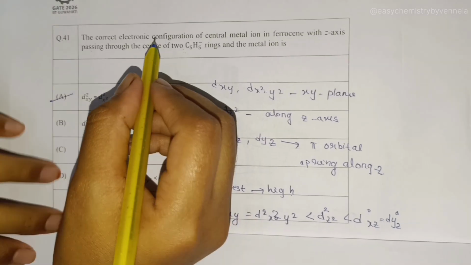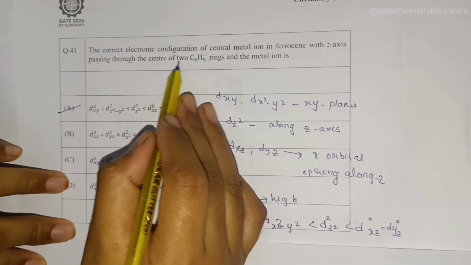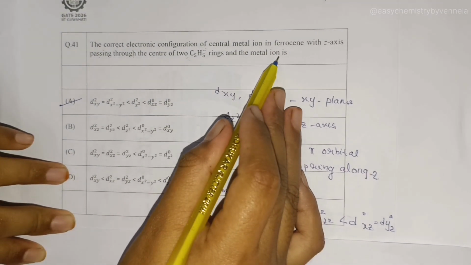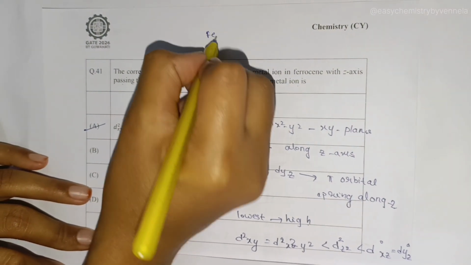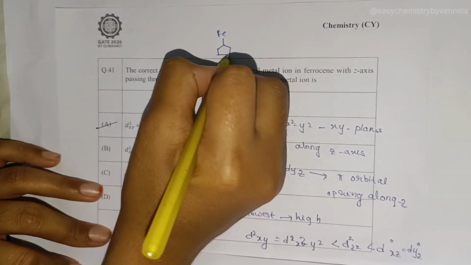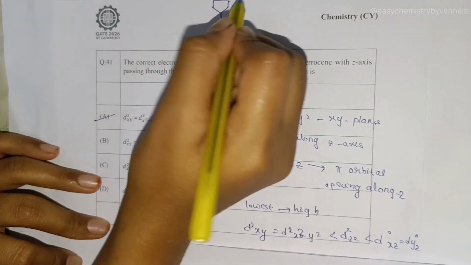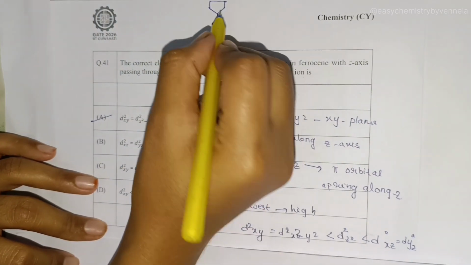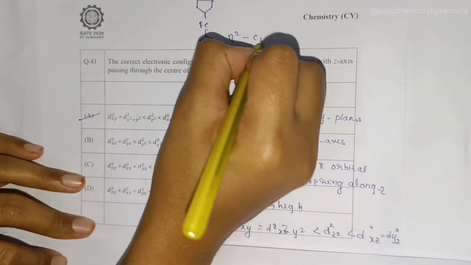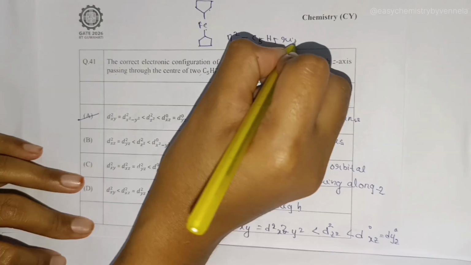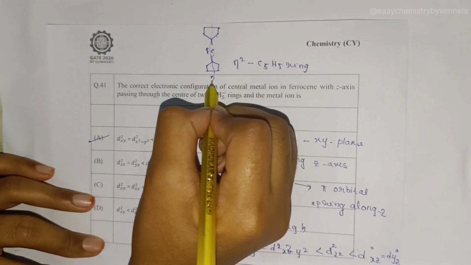The next question is: the correct electronic configuration of the central metal ion in ferrocene, with the Z axis passing through the center of the two cyclopentadienyl rings and the metal ion, is. Here ferrocene has an iron atom sandwiched between two cyclopentadienyl rings, eta 5 C5H5 rings.